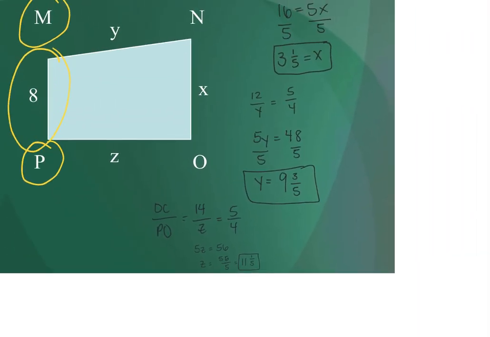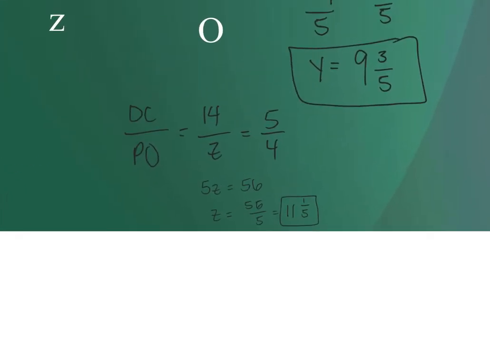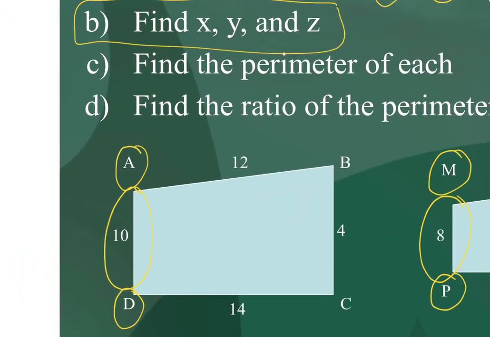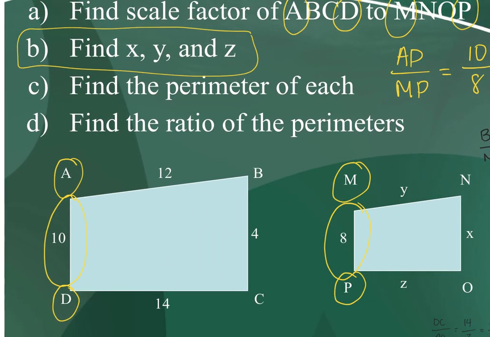So we found X, we found Y, and we found Z. Okay, this is the fun part. Find the perimeter of each.